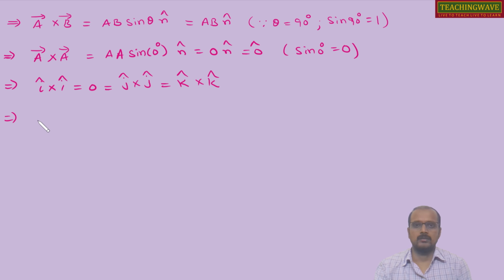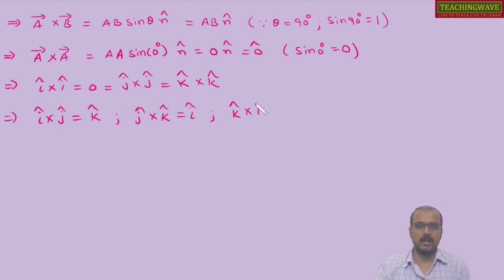And if you take the cross product between orthogonal unit vectors or orthogonal directional vectors, that means I cap cross j cap is equivalent to k cap, j cap cross k cap is equivalent to I cap, and k cap cross I cap gives rise to j cap.